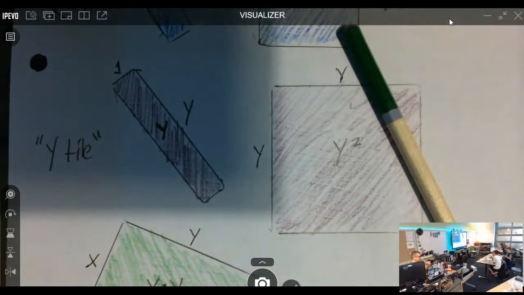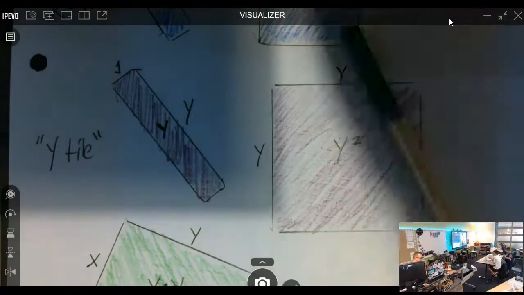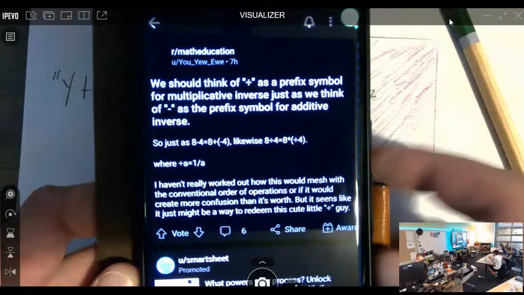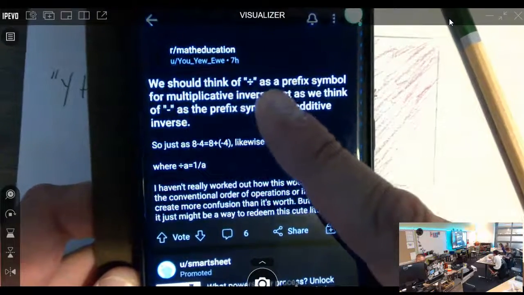I'm on a Reddit math education page, a bunch of math teachers talking about teaching math. So seriously, what we're talking about is getting rid of division.